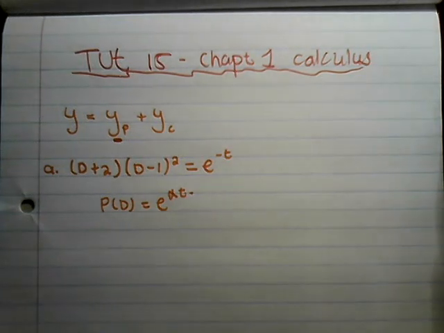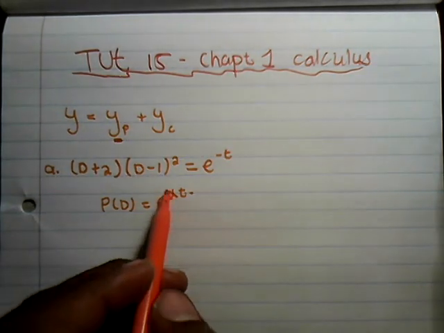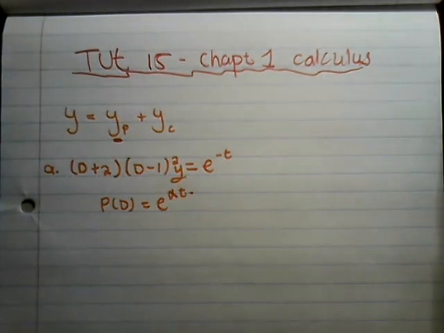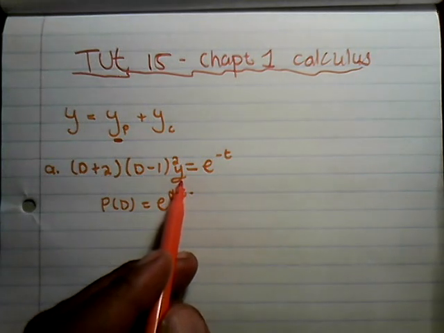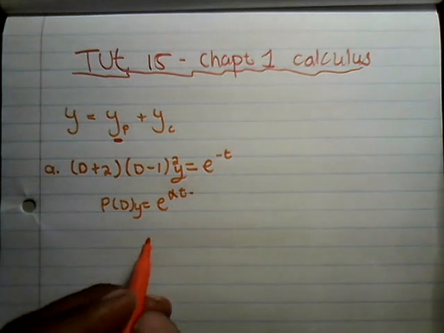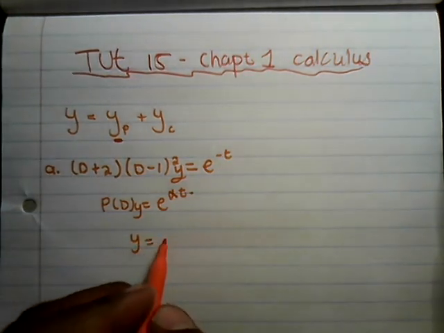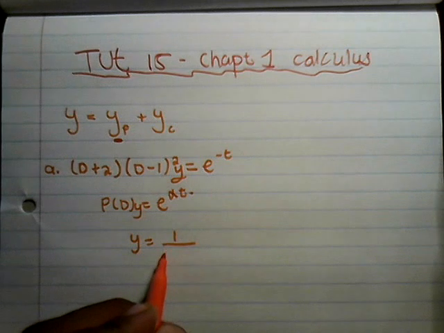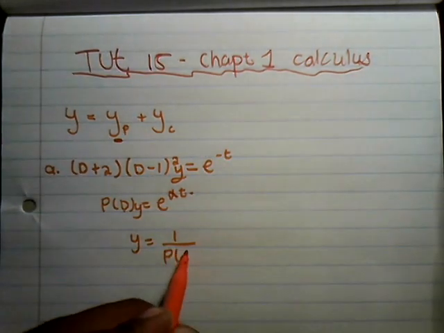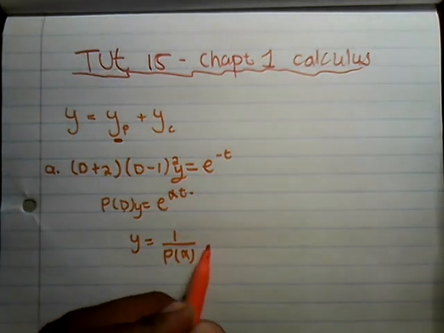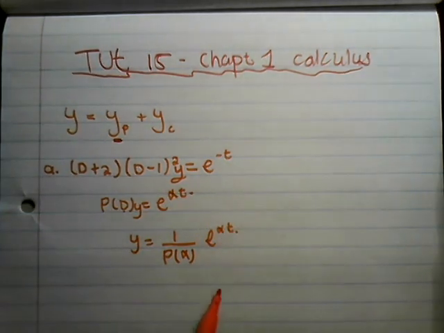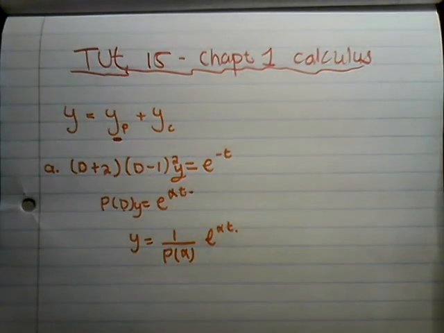This is how we're going to solve it. We must have y here. We say y equals 1 over P, and where there is D, we substitute D by alpha, and then e to the power alpha t, and this will be our solution.